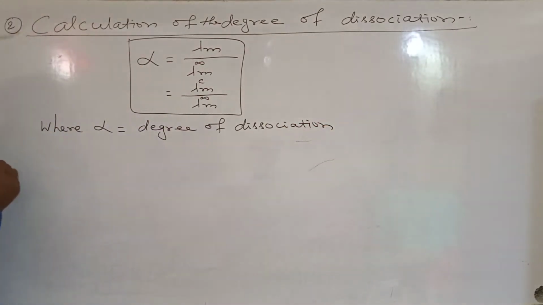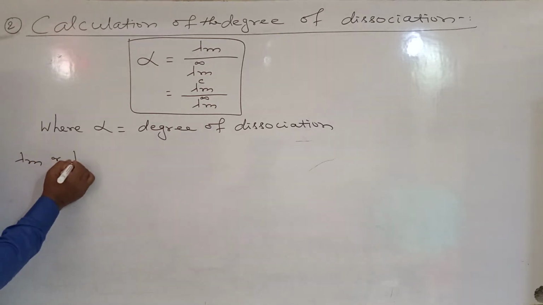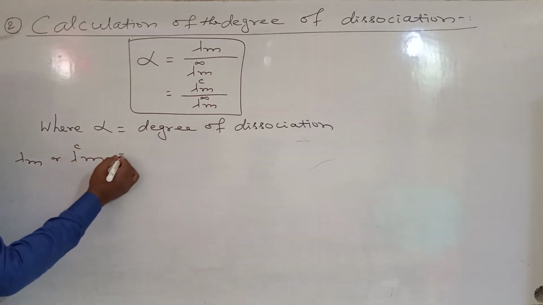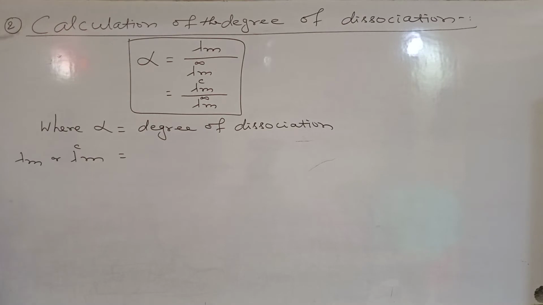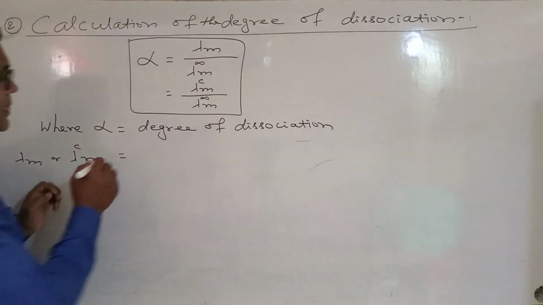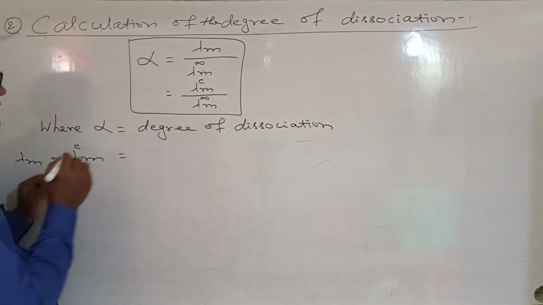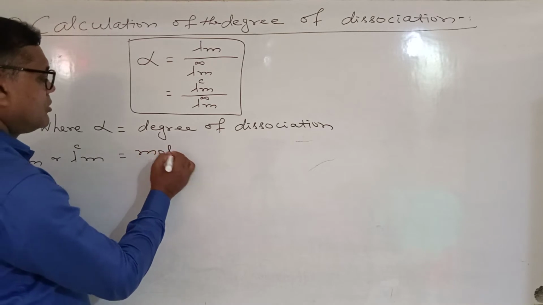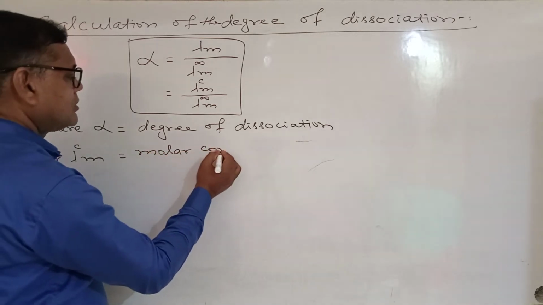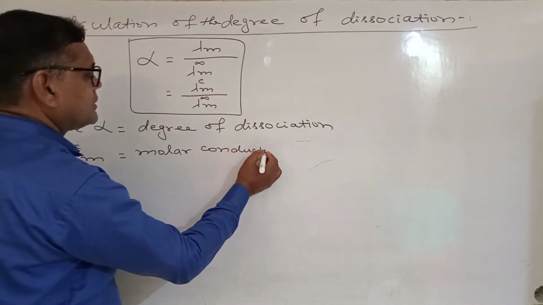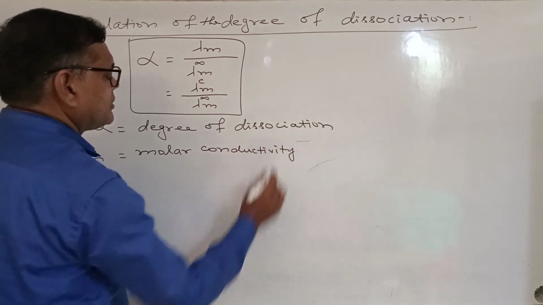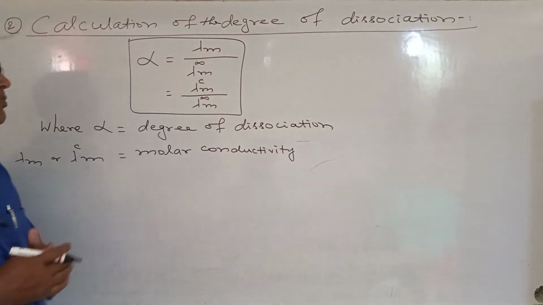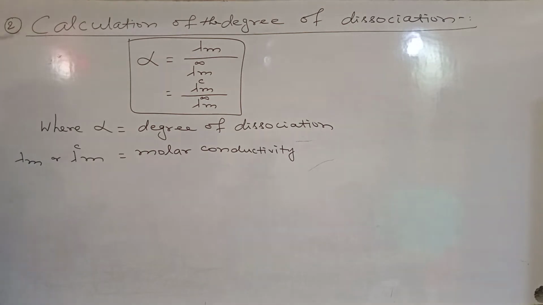Here we write lambda m and lambda cm is equal to molar conductivity. Instead of conductivity, we can write conductance.